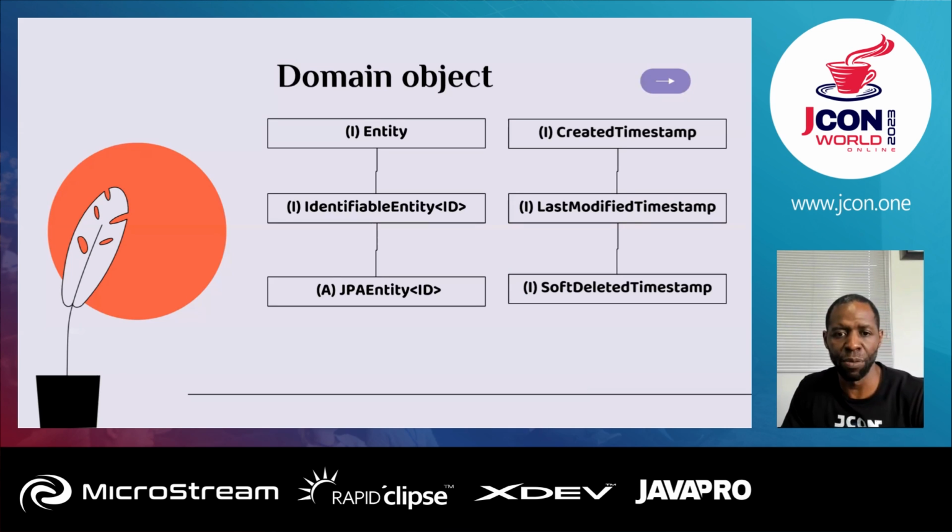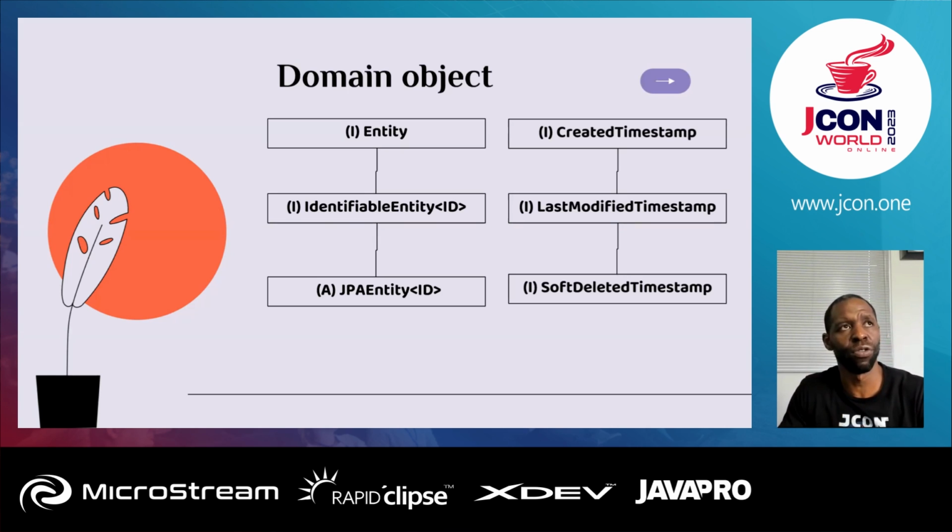The domain object is basically the representation of your data. What we have is an entity, which is your superclass or super interface in that instance, and then an identifiable entity, which basically has an ID, and then your JPA entity, which is a mapped superclass of all your JPA entities that will subclass it.